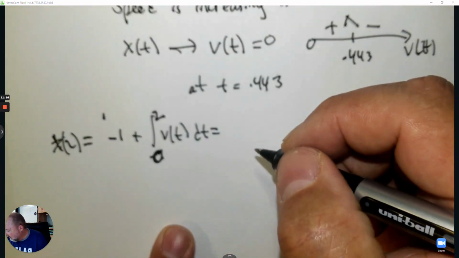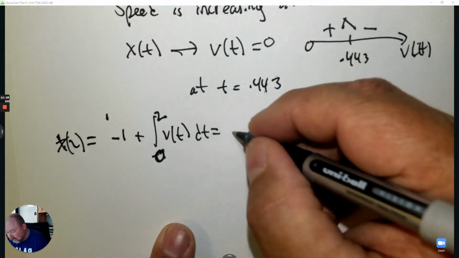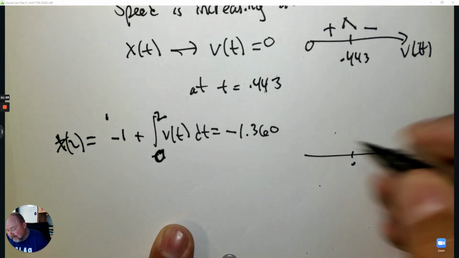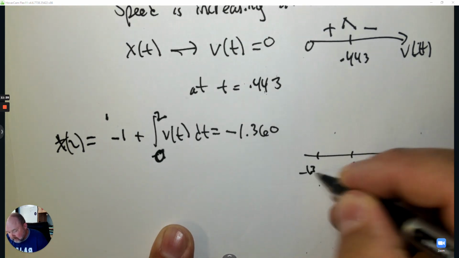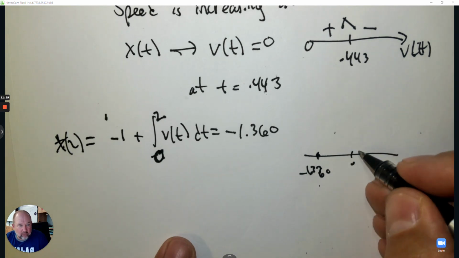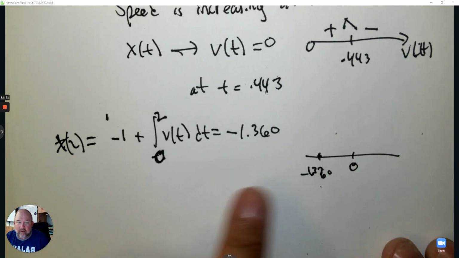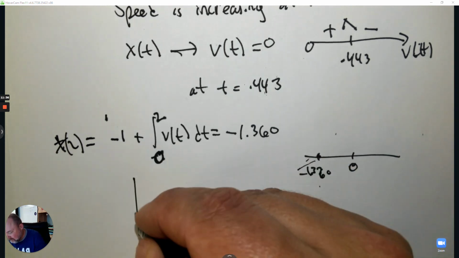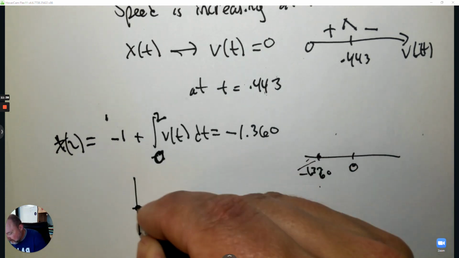And then use your calculator. And you get -0.360. If I think of that on a number line, like there it is, -1.36. Is it going towards the origin or away? What direction is it going? In fact, I should actually write it vertically. Here's 0.